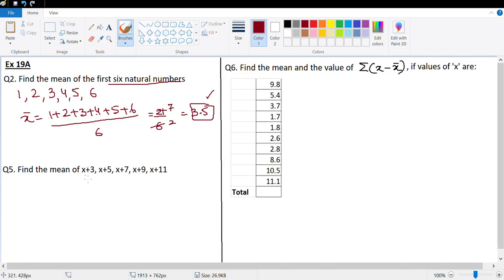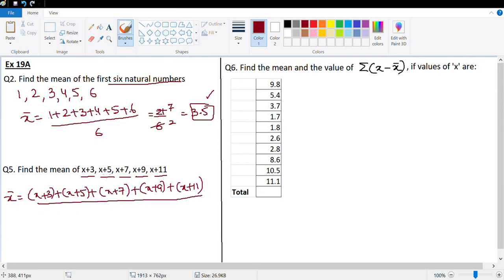Next, find the mean of x plus 3, x plus 5, x plus 7, x plus 9 and x plus 11. So mean will be equal to x plus 3 plus x plus 5 plus x plus 7 plus x plus 9 plus x plus 11, divided by the total number of observations, which is 5.